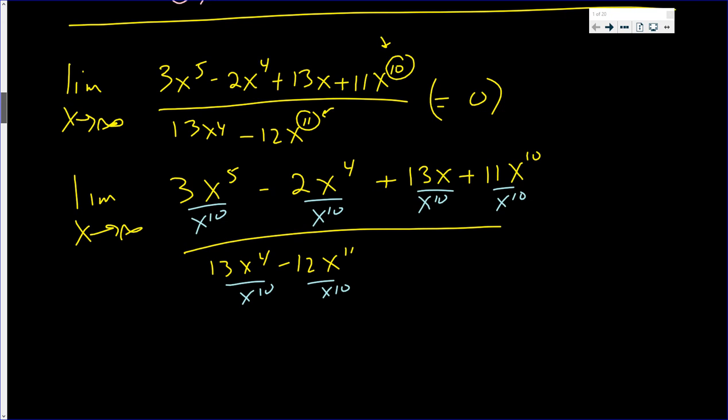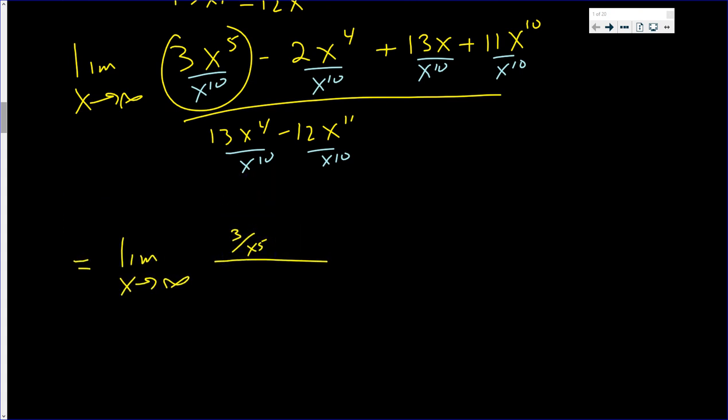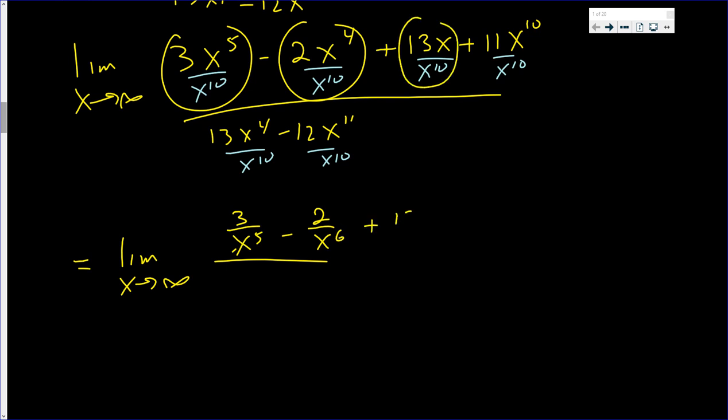And then what we get is this is equal to the limit as x goes to infinity of 3 over x to the 5 minus 2 over x to the 6 plus 11, where I subtract the larger power from the smaller power, all over 13 over x to the 6th minus 12x.